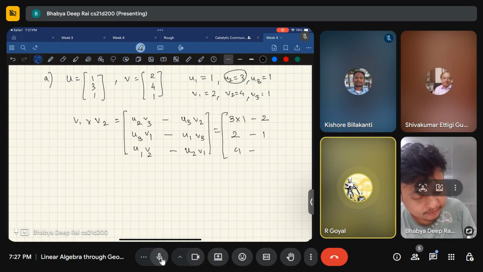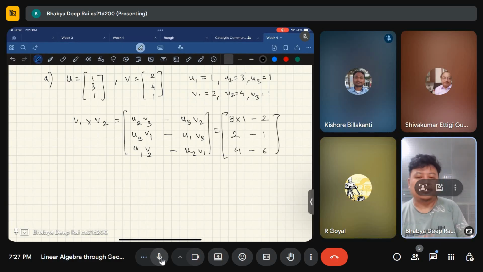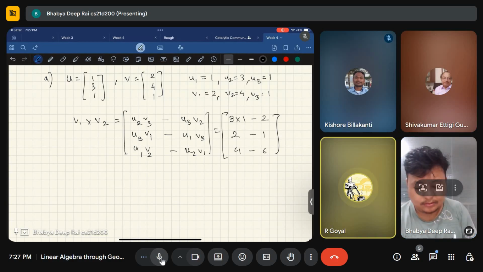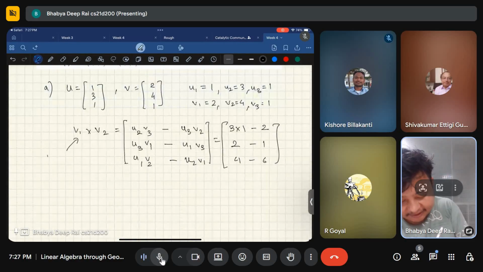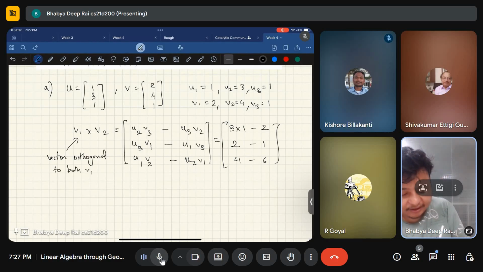So what is V1 cross V2 here? This is a vector orthogonal to both V1 and V2, where I'm measuring the angle from V1 to V2.